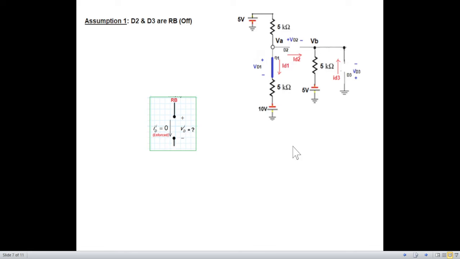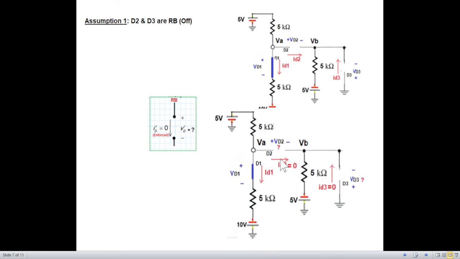So we can add here that ID2 should be 0, and VD2 we don't know. In this case also ID3 will be 0, and VD3 we have to find out.